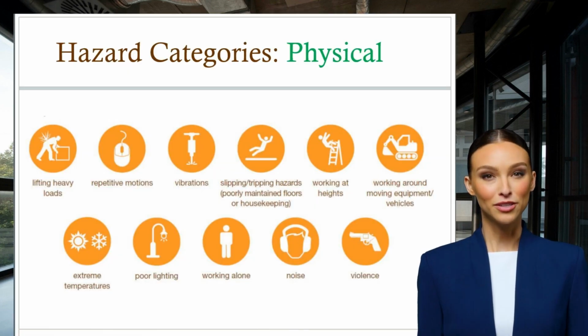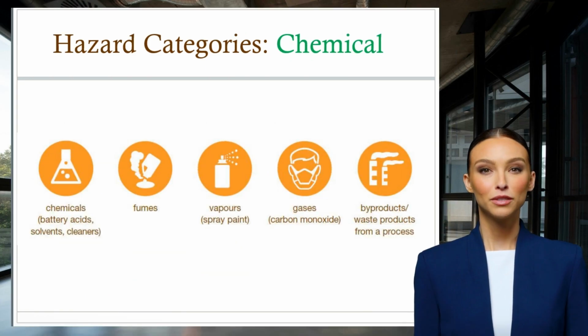1. Physical hazards. These include lifting heavy loads, slippery surfaces, noise and vibration, poor lighting, working at heights or around moving machinery, temperature extremes, violence. These are often the most visible hazards and typically lead to injuries like cuts, bruises, strains, or falls. 2.